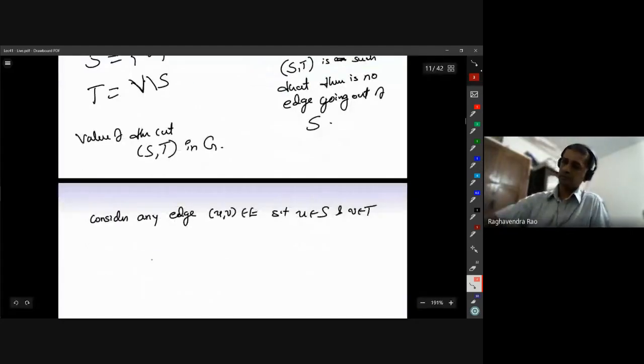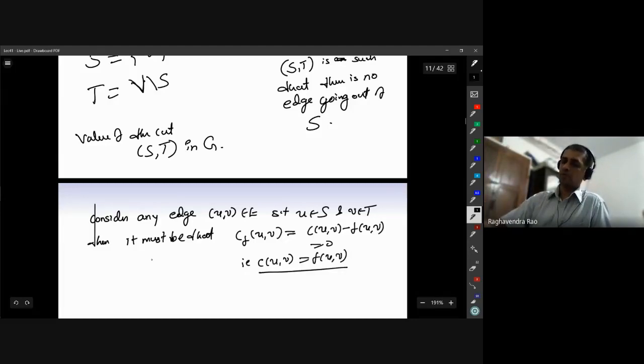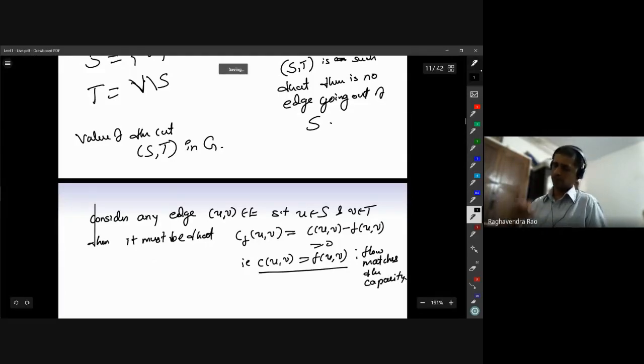So it must be that CF of UV is equal to C of UV minus F of UV, which is 0. That is, C of UV is equal to F of UV. That is, flow matches the capacity.